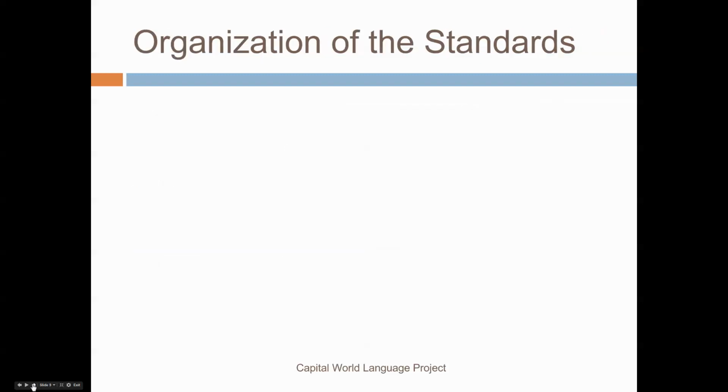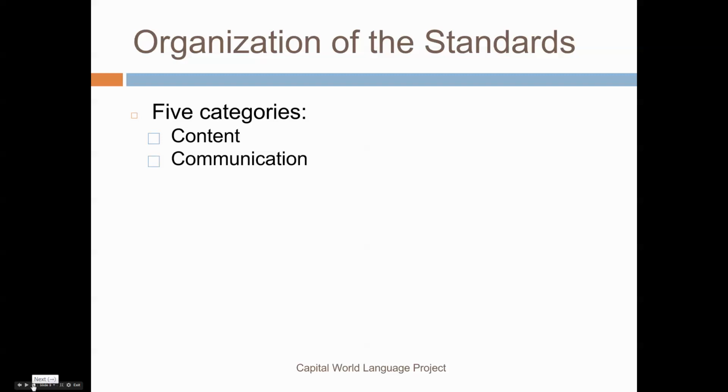The way the standards are organized then, as I said, is in 5 categories: content, the topics about which the students communicate; communication; cultures; structures; and settings. So these 5 categories make up the standards, and then within each of those 5 categories there are descriptors for the different stages of student proficiency.